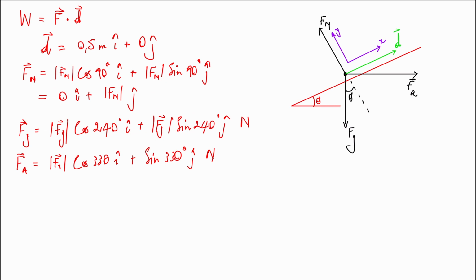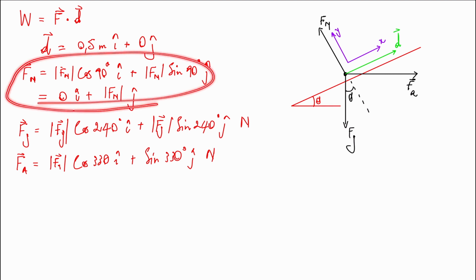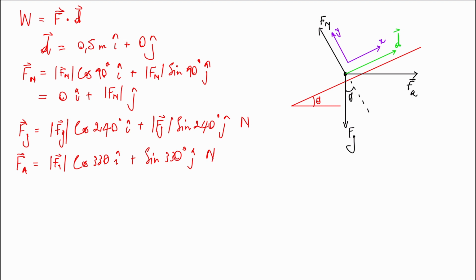Let's consider the situation where we are interested in the work done by the normal force. If we were to calculate the work done by the normal force using the dot product as defined in this situation, we will end up with the normal force in its unit vector notation dotted with the displacement vector in unit vector notation.